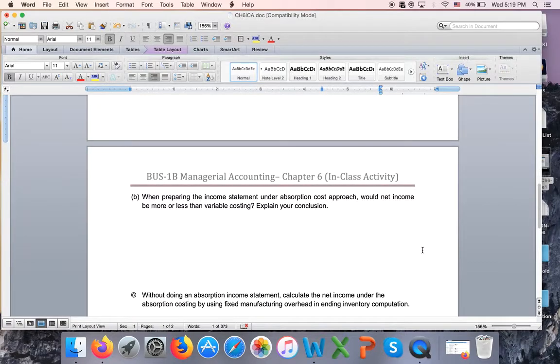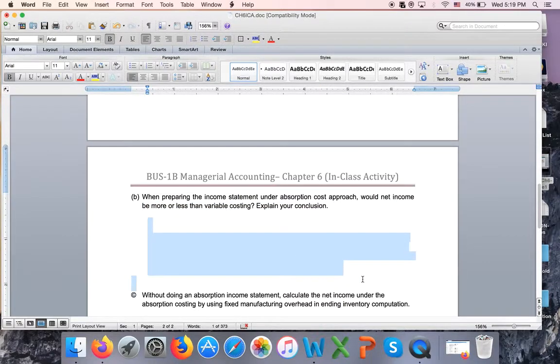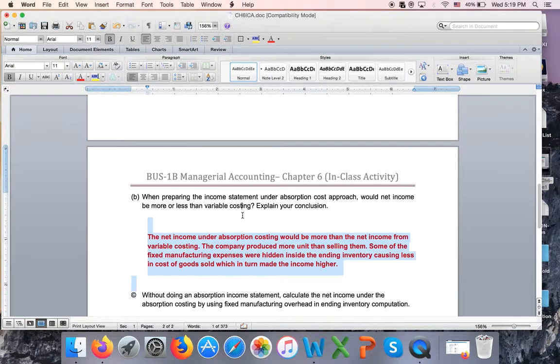So now you can answer question B. When preparing the income statement under absorption, would net income be more or less than under variable costing? So guys, under absorption, if you produce more than you sell, then net income will be higher.